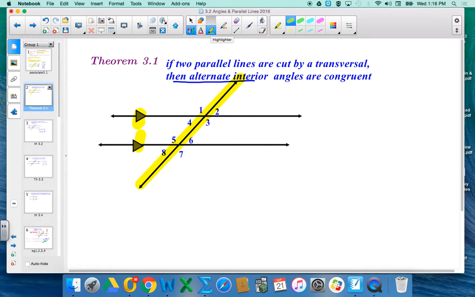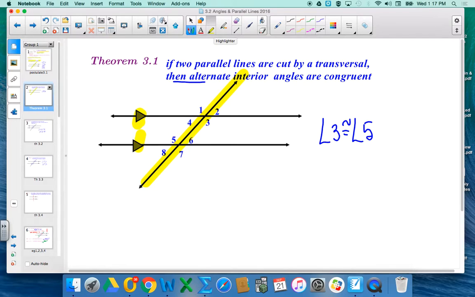Alternate means on opposite sides of the transversal, on the inside of the parallel lines. So angle 3 and angle 5 are alternate interior, so angle 3 is congruent to angle 5.